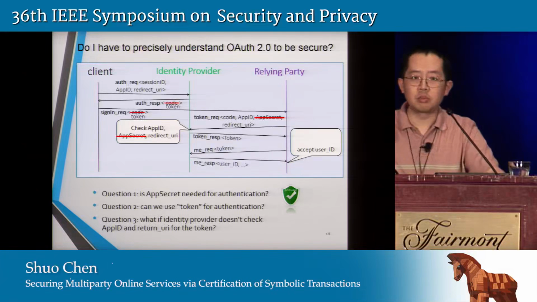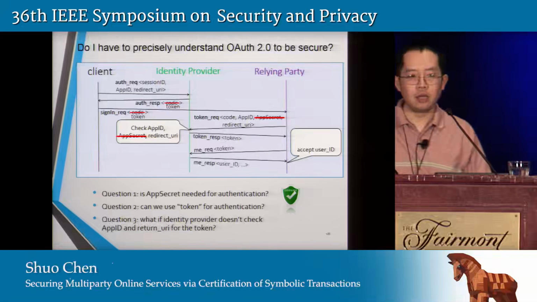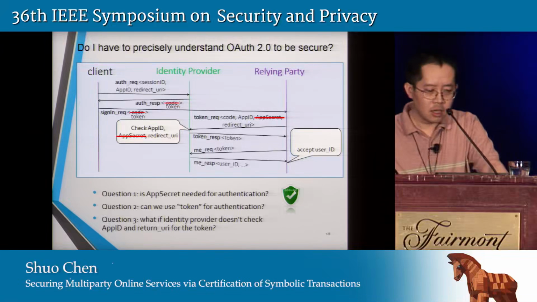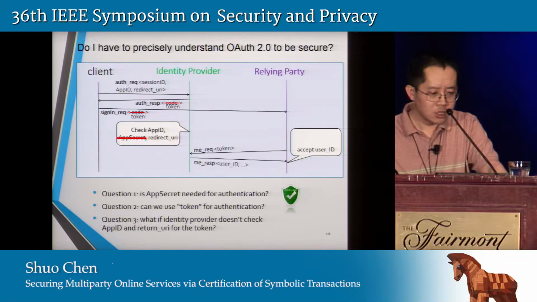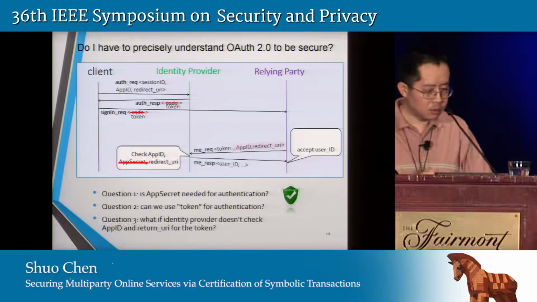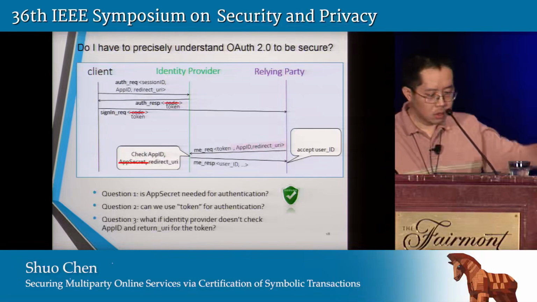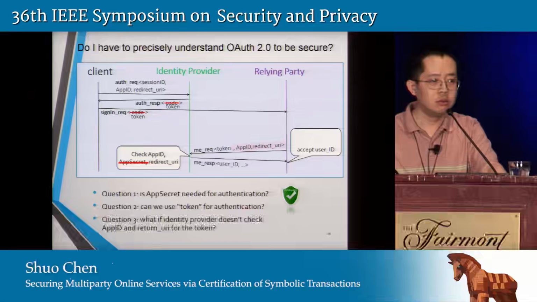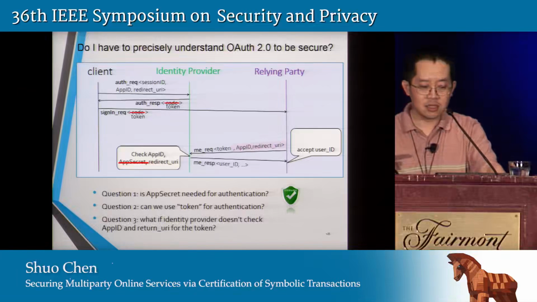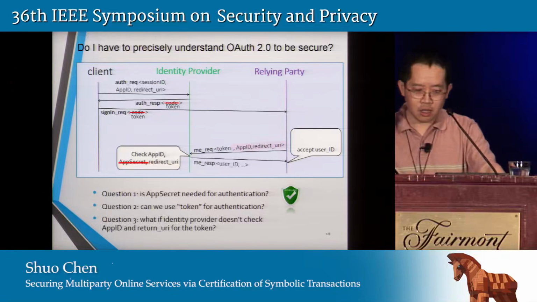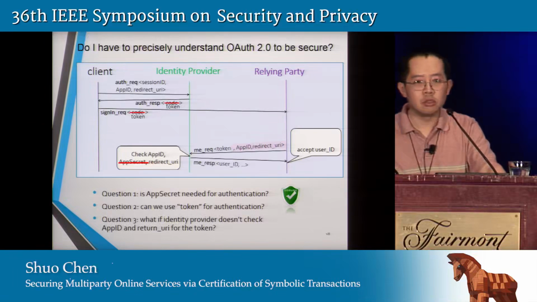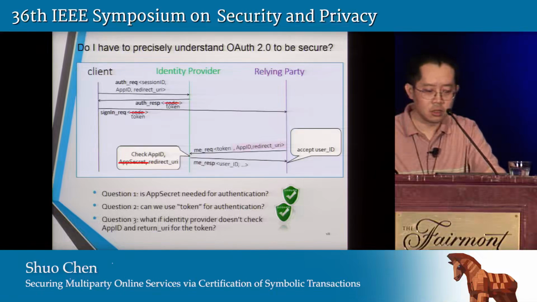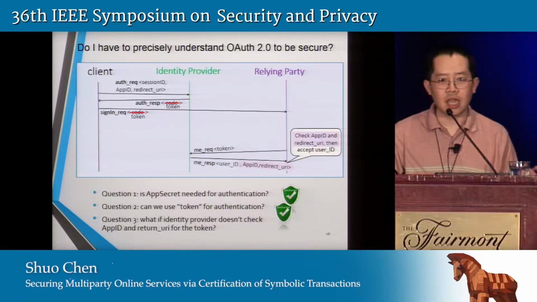This is explicitly forbidden by OAuth 2.0. But we realize that as long as we move this check to the second call, this flow is still doing correct authentication. Now, if you insist that this is not OAuth design, the identity provider should check nothing, then the flow can still be secure if the relying party checks everything.